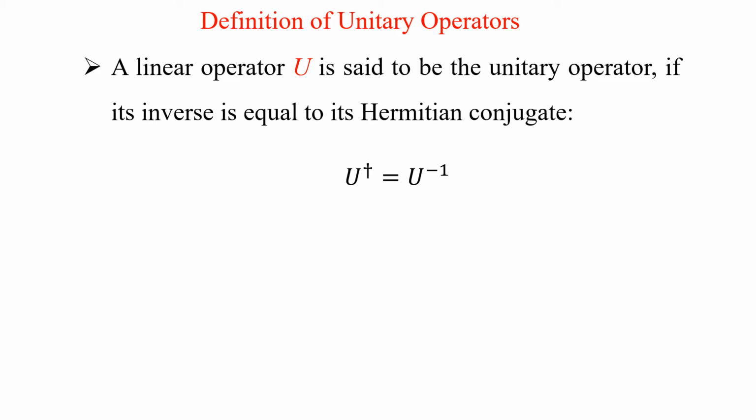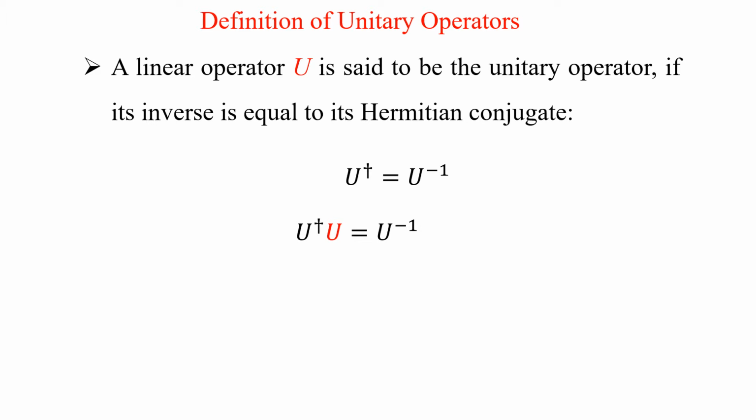Now you multiply by the unitary operator on both sides. On the right hand side, because the order of the operator is important in quantum mechanics, first you multiply by U on the right side of this expression.